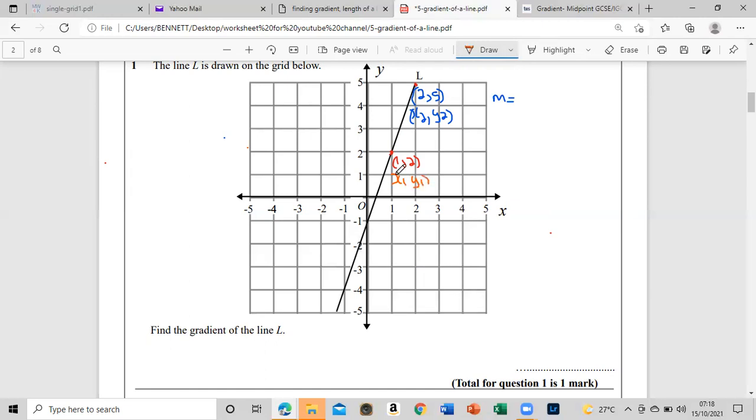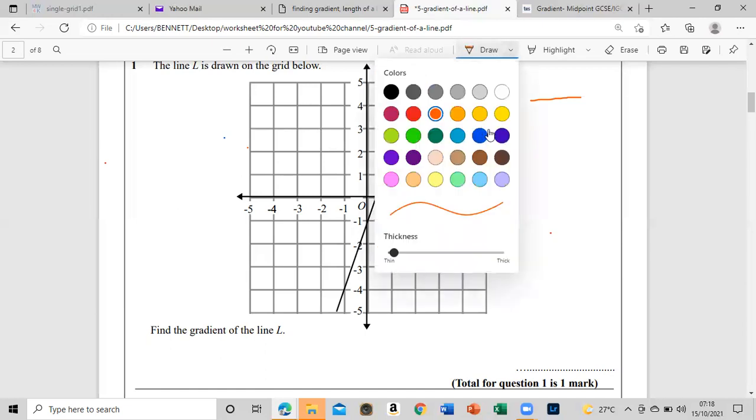So now, guys, we're going to find the gradient. Now the gradient is defined as y2 minus y1. Try something, see if it works. Leave it in the comment section if this works for you, all right?